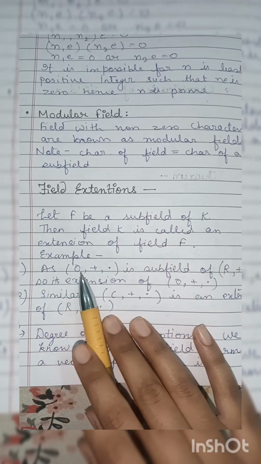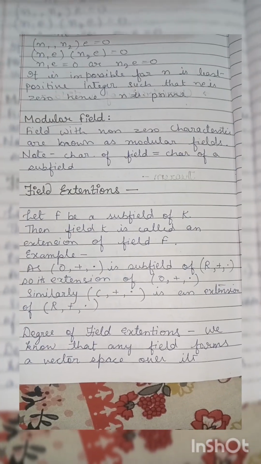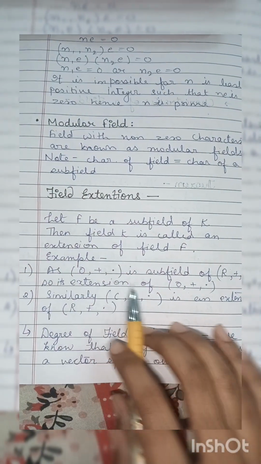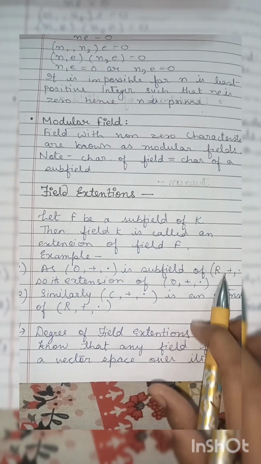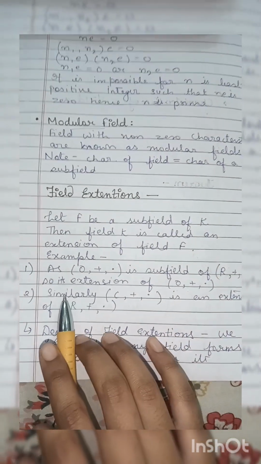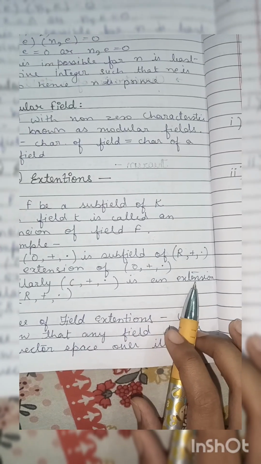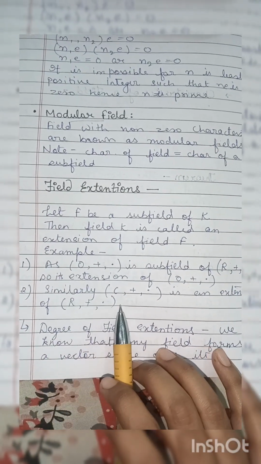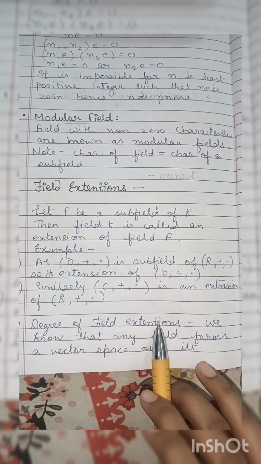First example, as Q, plus, dot is a subfield of R, plus, dot, so R is an extension of Q. Then similarly, C, plus, dot is an extension of R, plus, dot.